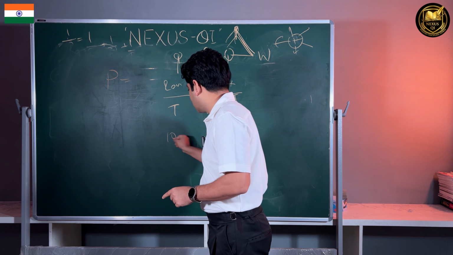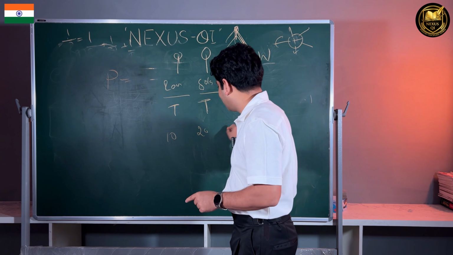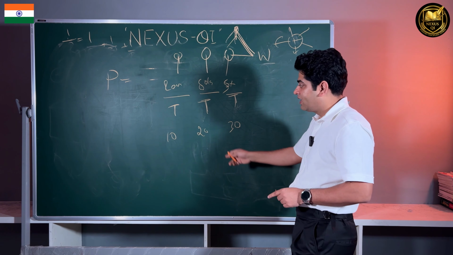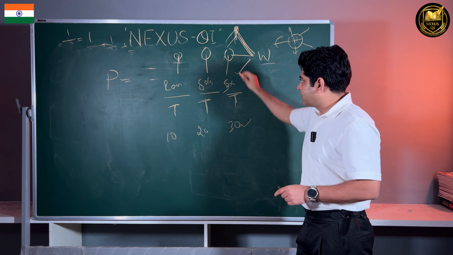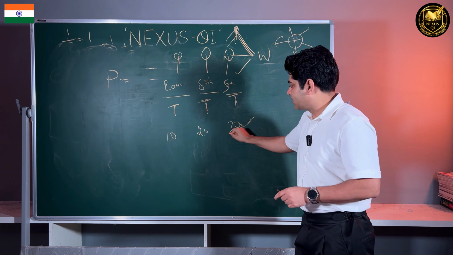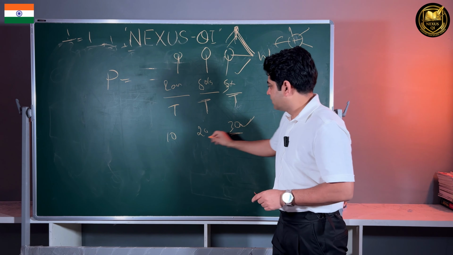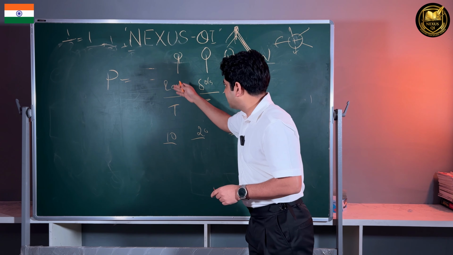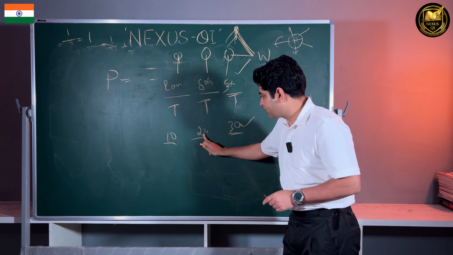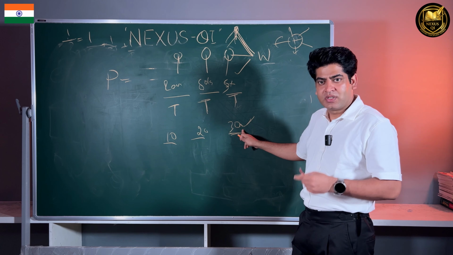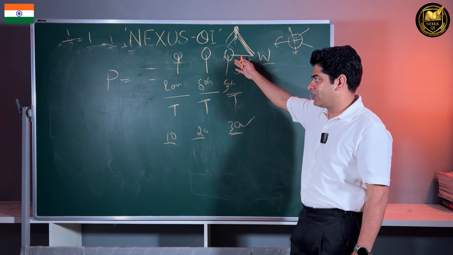Suppose 10 push-ups, 20 push-ups and 30 push-ups in 1 second. Now it's very clear, in 1 second who is doing more push-ups? I have just divided each by 1 second. In 1 second 10 push-ups, in 1 second 20 push-ups, in 1 second 30 push-ups. Who is more powerful? This third one is more powerful.